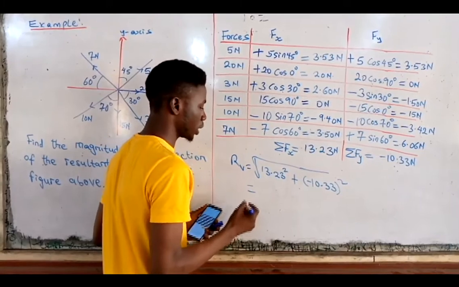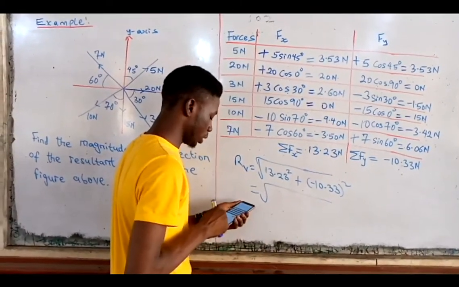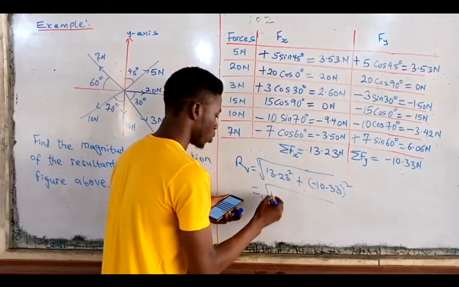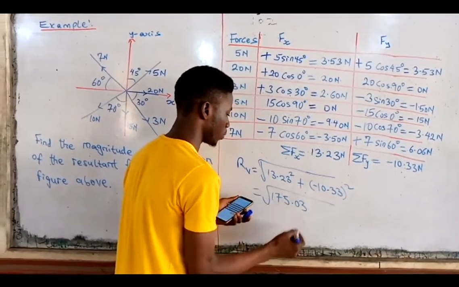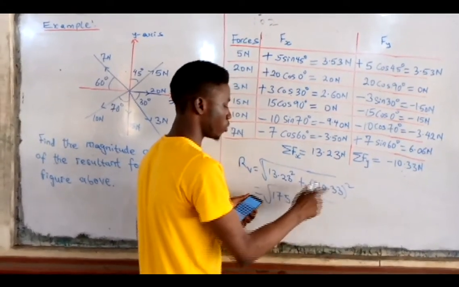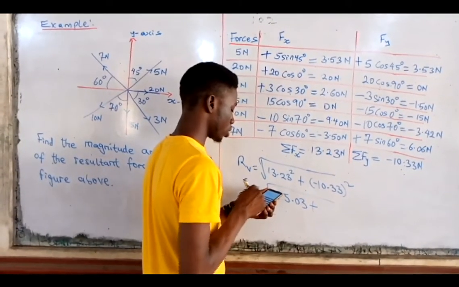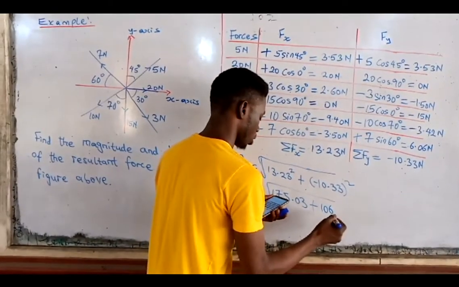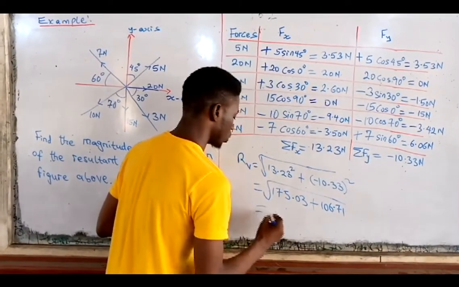If we press this on our calculator, 13.23 squared is 175.03, plus the square of minus 10.33, which is 106.71.